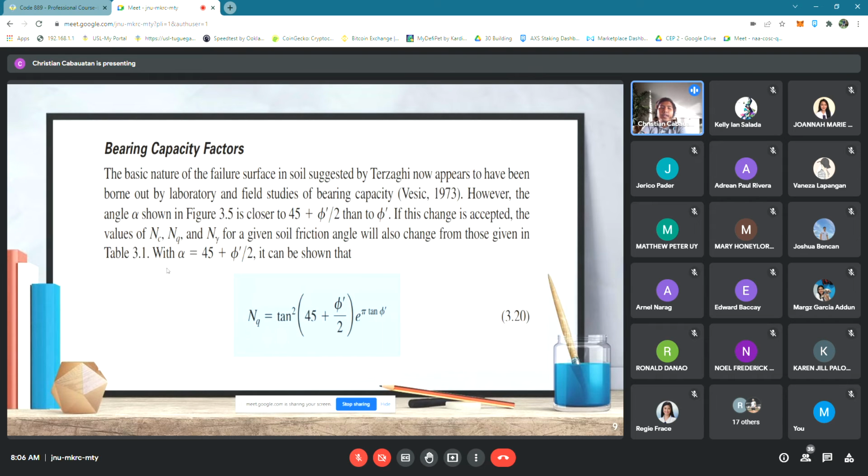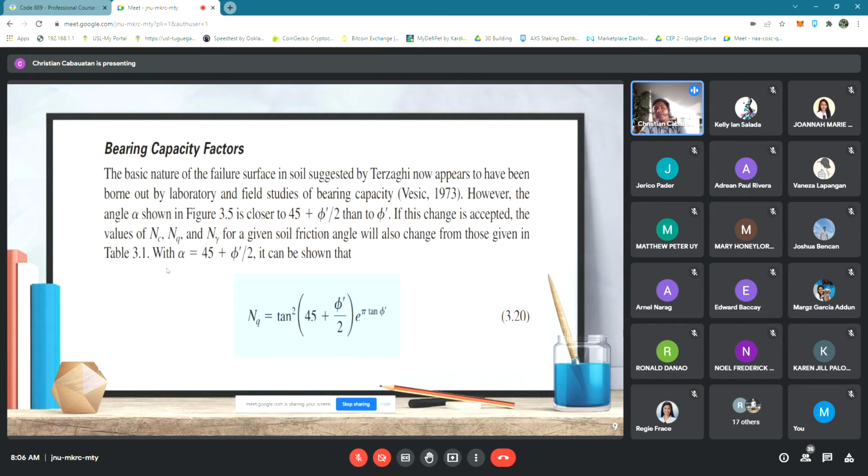However, the angle alpha shown in the figure is closer to 45 plus the internal friction angle divided by 2, rather than to the internal friction angle. If this change is accepted, the values of Nc, Nq, and N gamma for a given soil friction angle will also change from those given. So, nandito na siya.